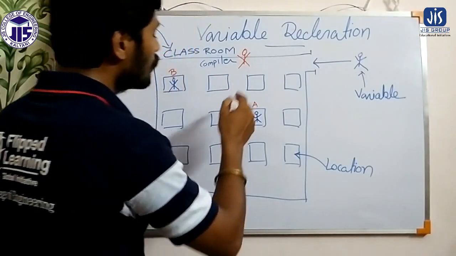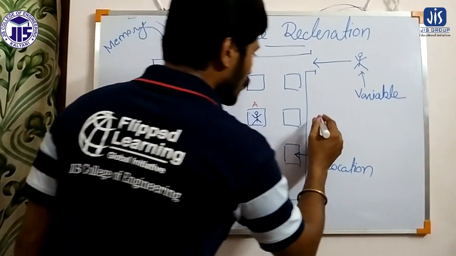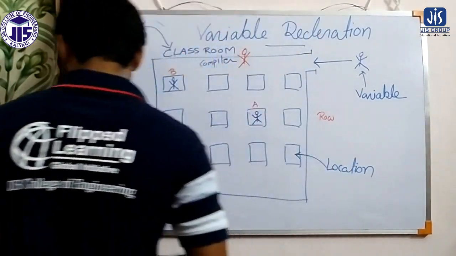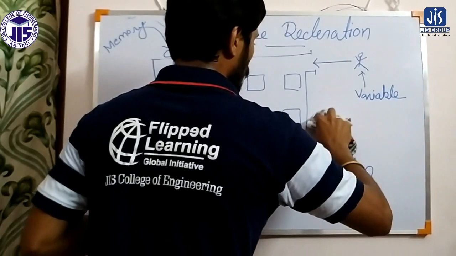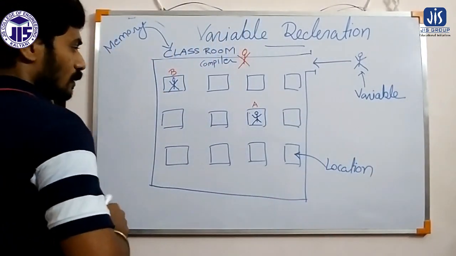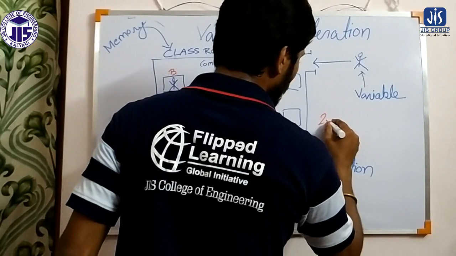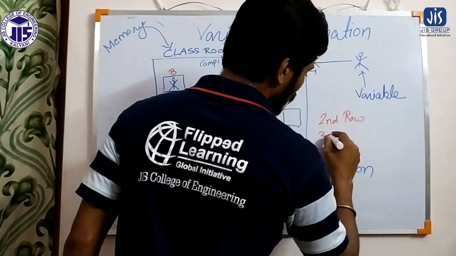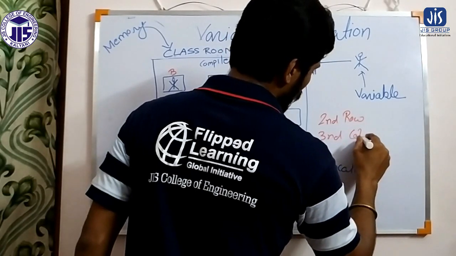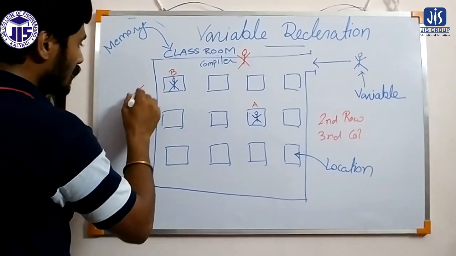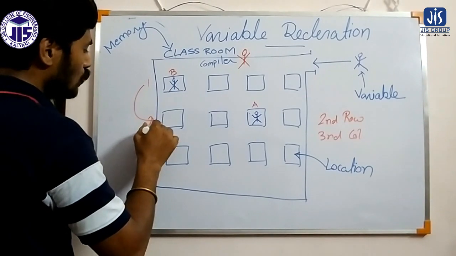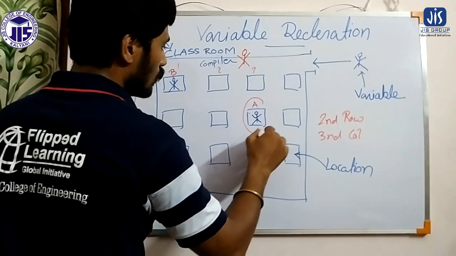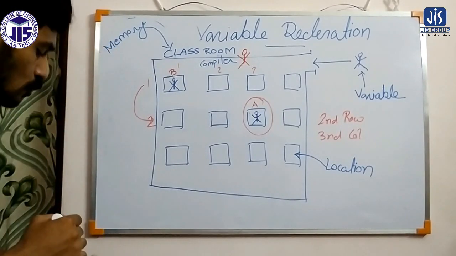So we can say second row, third column. This is the second row, third column, so basically this student we are talking about. Okay, so second row, third column.